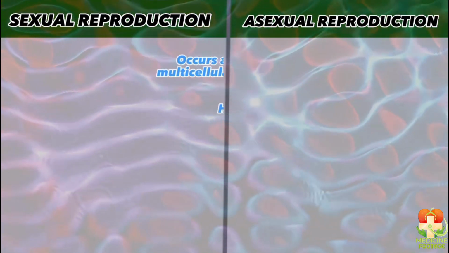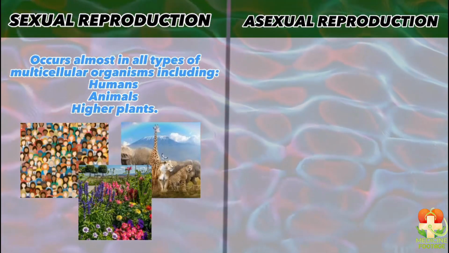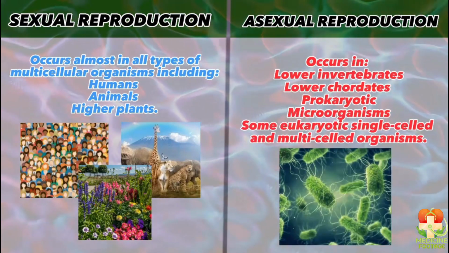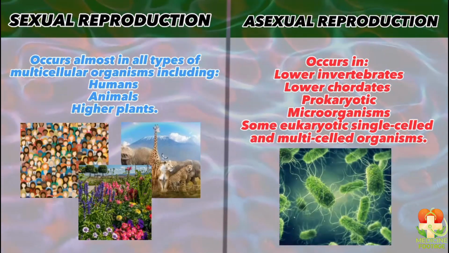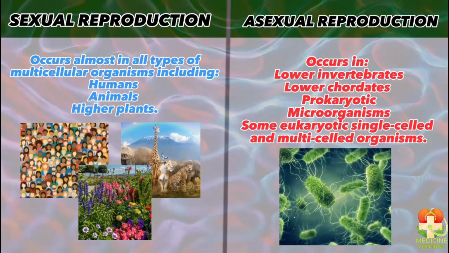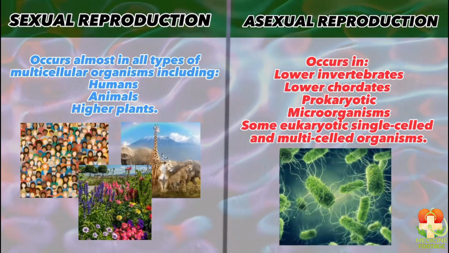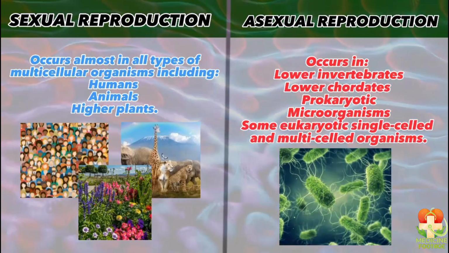Sexual reproduction occurs in multicellular organisms like humans, animals, and higher plants. But asexual reproduction occurs in lower invertebrates, lower chordates, and prokaryotic microorganisms. Additionally, some eukaryotic single-celled and multicellular organisms reproduce asexually.